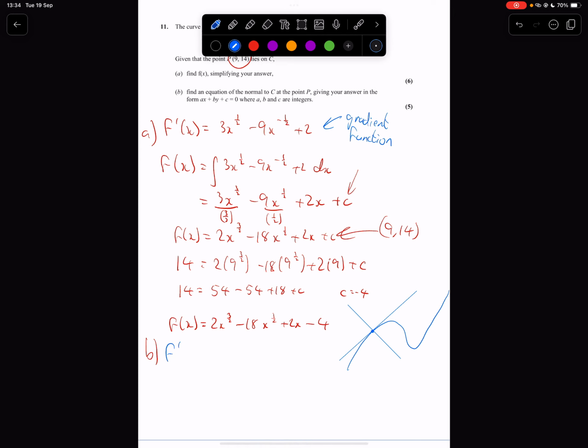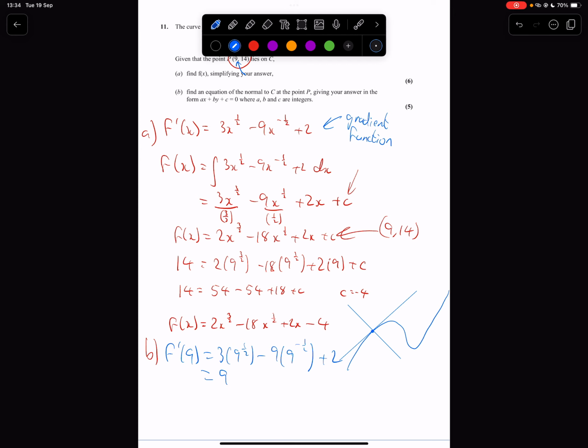So f dashed of the coordinate 9 from here is 3 lots of 9 to the half minus 9 lots of 9 to the minus a half plus 2.